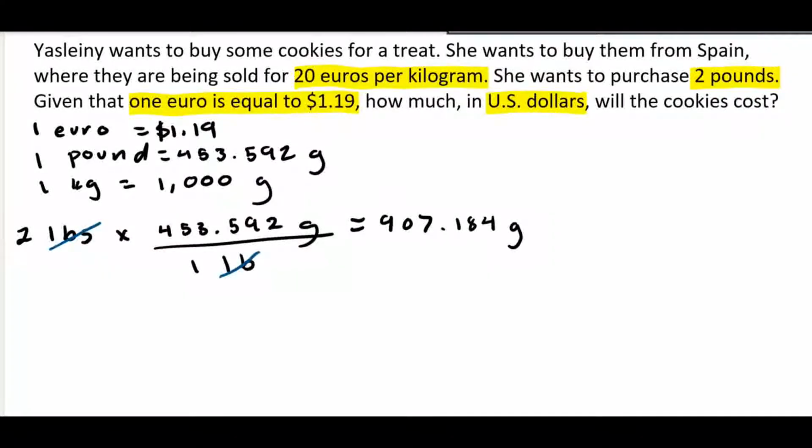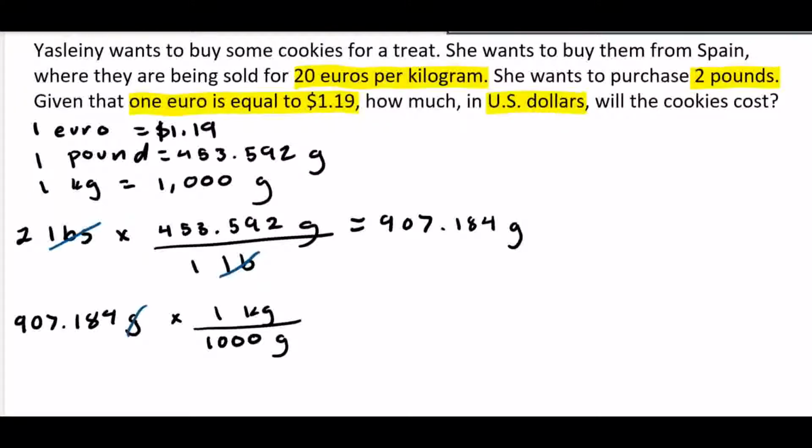907.1804 grams. Since our price is in euros per kilogram, let's convert these grams to kilograms. So we know that we have 907.184 grams. The ratio for grams to kilograms is 1 kilogram for 1,000 grams.